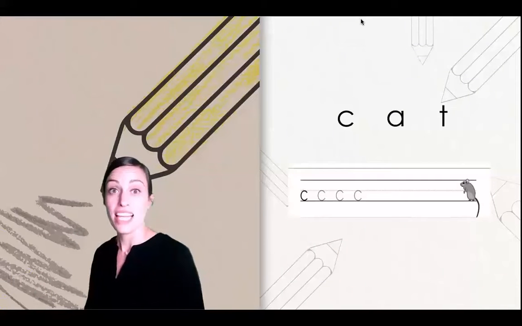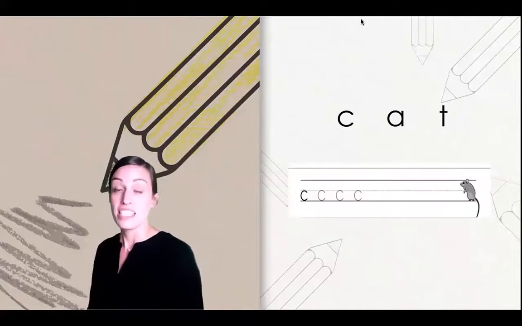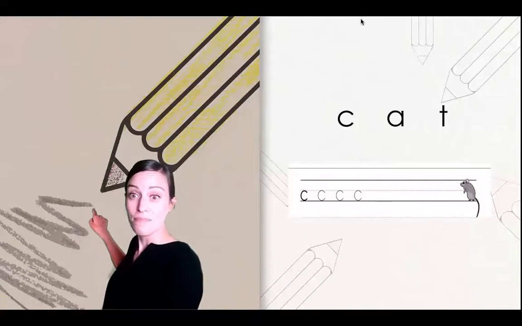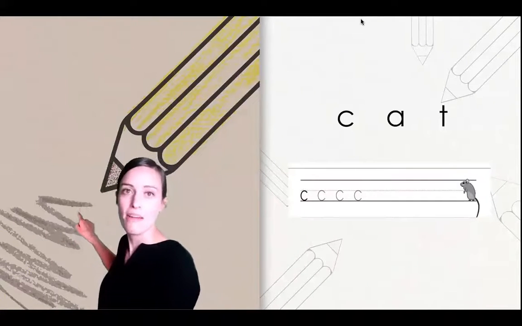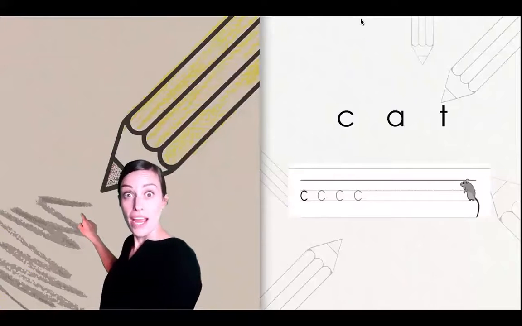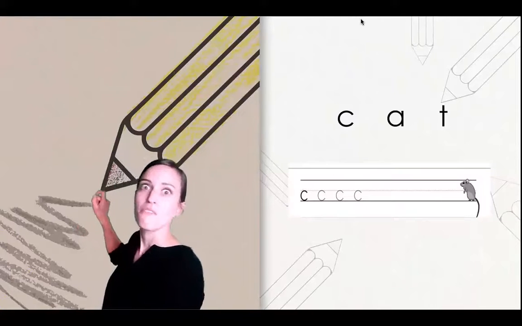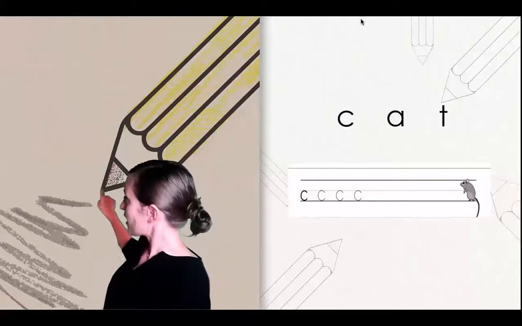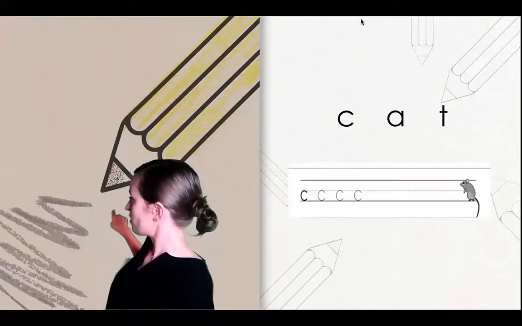Let's start off with the letter C that matches the sound K. To make a C, we start just under the middle line or the belly line on a mouse paper. Okay, so put your finger pencil in the air, and what we say is pull back and around.